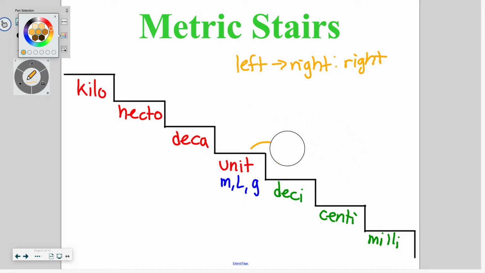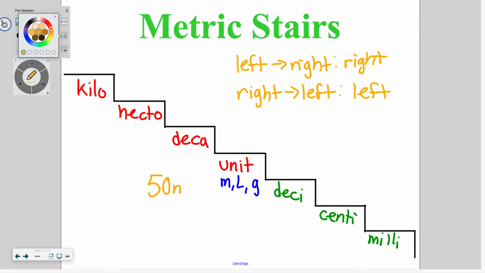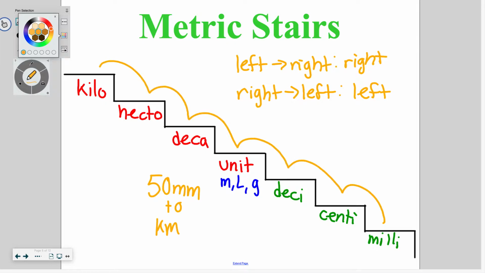If you are moving from right to left, then the decimal moves left. So for example, if I was going from 50 millimeters to kilometers, I'd be moving up 1, 2, 3, 4, 5, 6 steps.